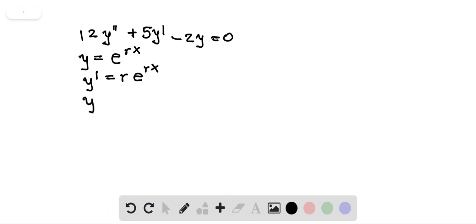The second derivative of y is r to the second times e to rx. Here we assume that e to rx is different from 0.